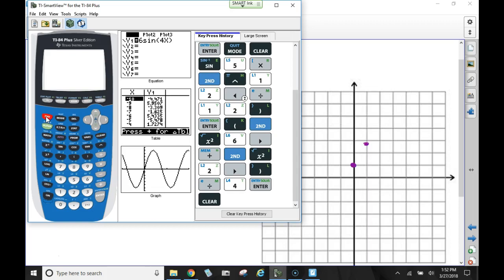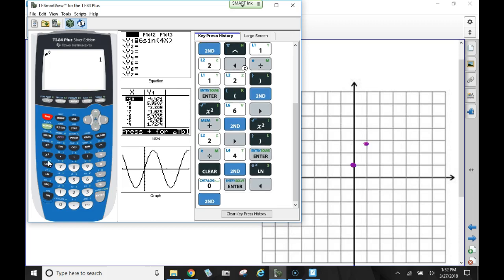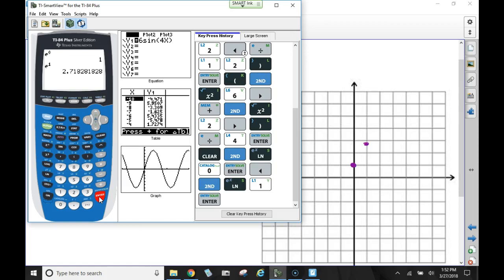So if you hit second, because that e to the x is in blue, hit second natural log, it'll pop up e to the, and then ask what do you want to evaluate this at? Well, e to the 0 is, like we said, 1. And in case you forget what e is, you can ask it, what is e to the first? There it is. Now, calculators don't carry out as many decimal places as I think they should. There, 2.718281828, that looks like it's going to start repeating, 182818, but it doesn't.